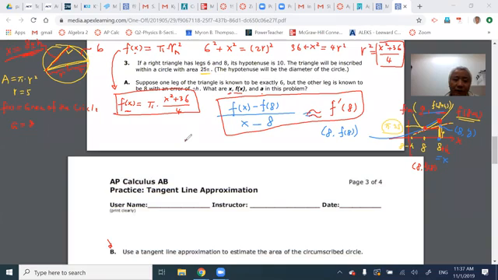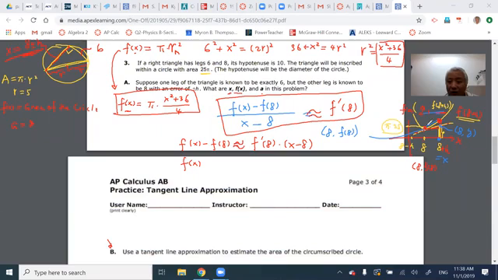So we will have f(x) minus f(8) equals f'(8) times (x minus 8), like this, right? And then we add this on this side, so we can get f(x). We're looking for f(x) right now, but be careful here. It's not exactly equal, it's approximately equal, right?